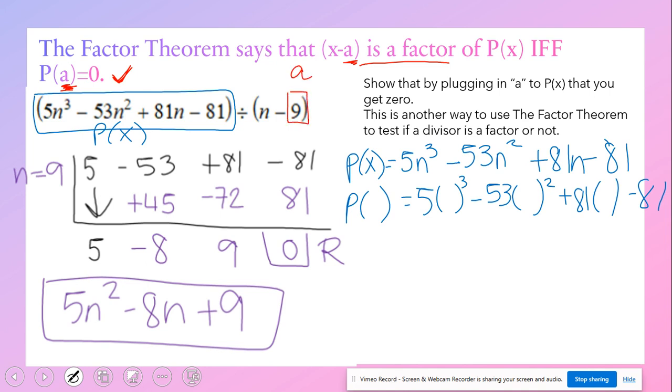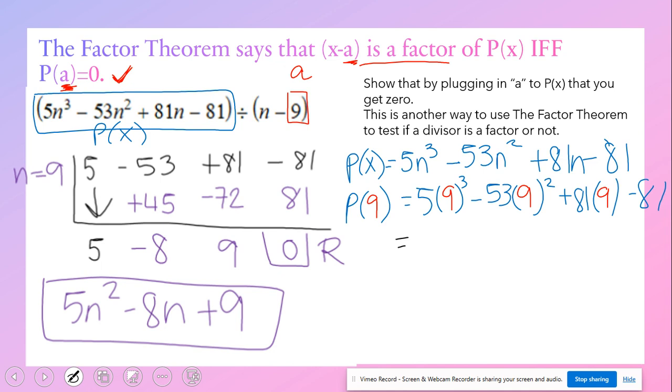Or when we set it equal to 0, notice we got n equals 9. So we're going to plug in 9. Everywhere there was an n, we're going to plug in a 9. Notice I used parentheses. And so now we got to do 5 times 9 to the third minus 53 times 9 squared plus 81 times 9 minus 81. And hopefully it's equal to 0.